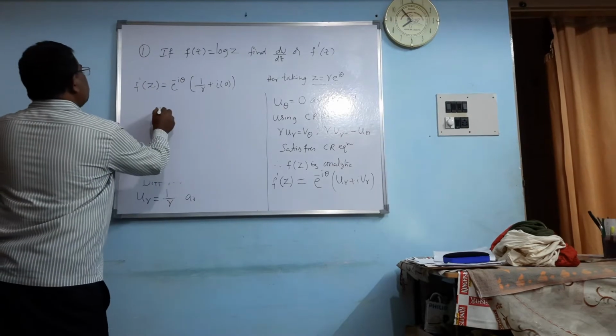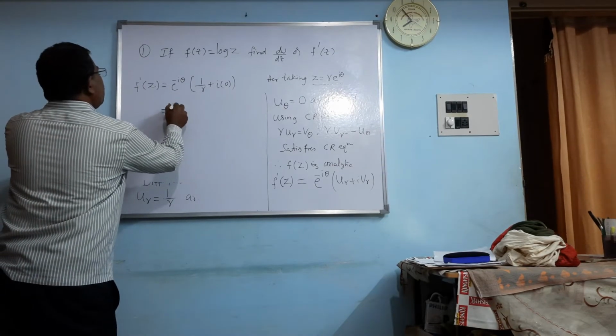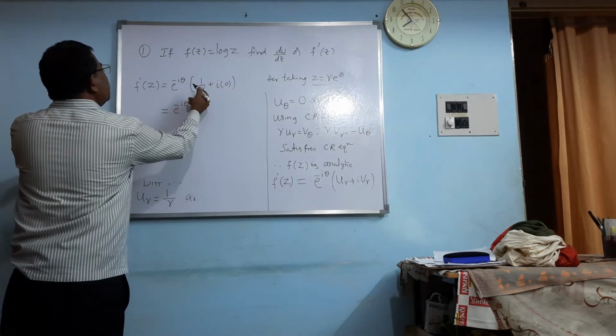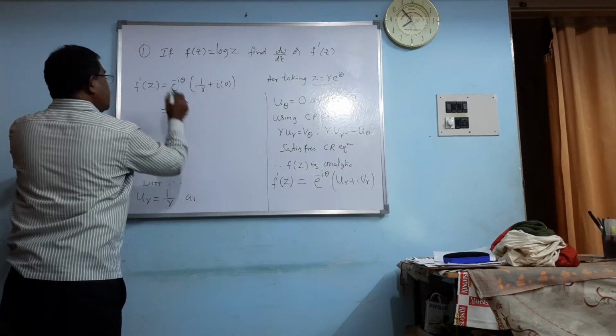Therefore, e to the power of minus i theta divided by r.